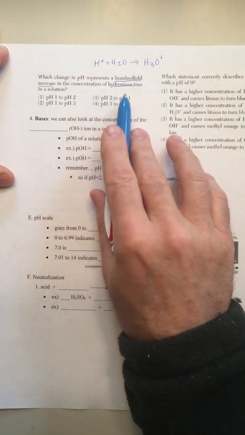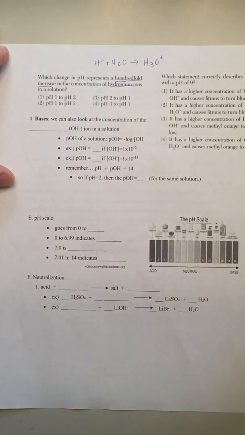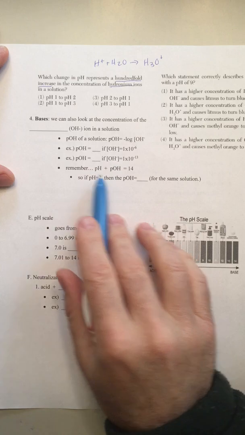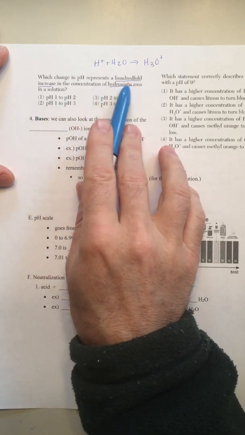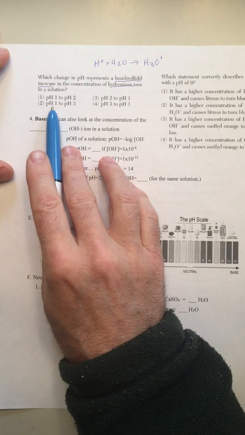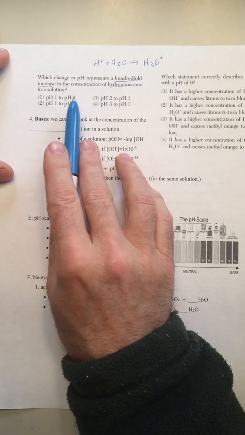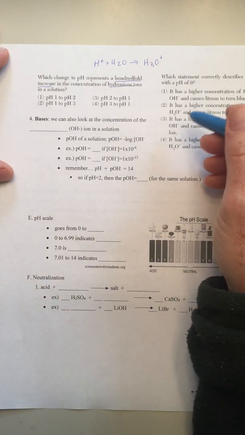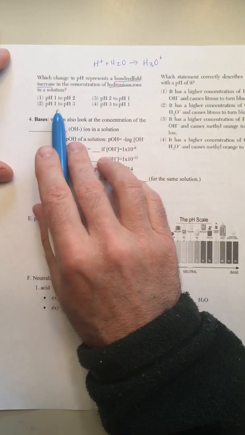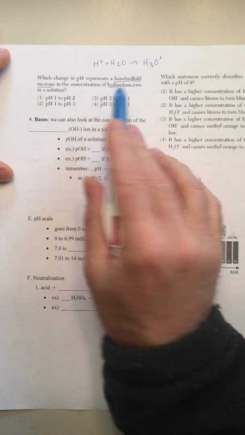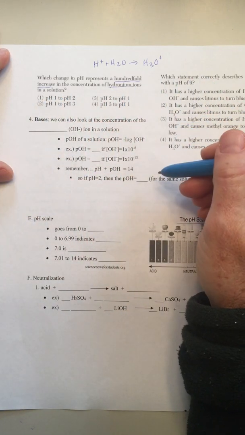So in other words, pH is going to go down because there's a higher concentration of hydrogen ions. So we're looking at a 100-fold increase in that. Now remember, when you go from one pH to the next, there's a change in 10 times. So if we're increasing concentration of hydronium ions, that means the pH is going down.